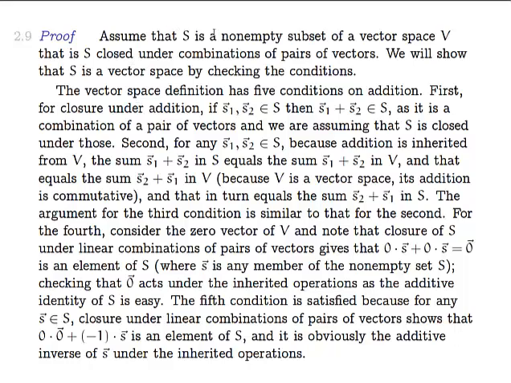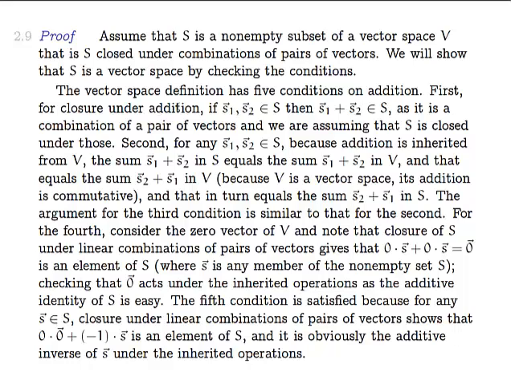So we're assuming that S is a non-empty subset that's closed under linear combinations of pairs of vectors. We will show that S is a vector space by checking the conditions. Okay, the vector space definition has 5 conditions on addition.